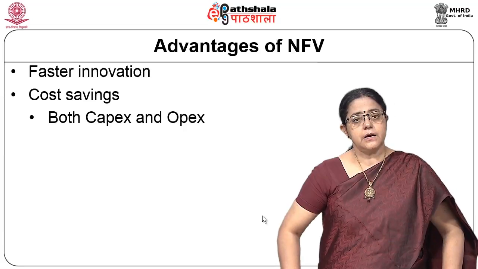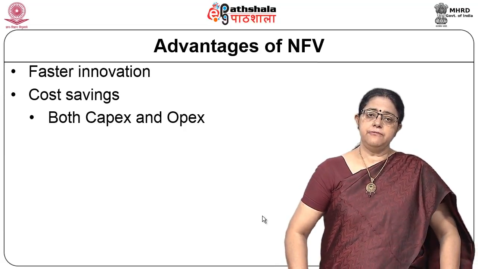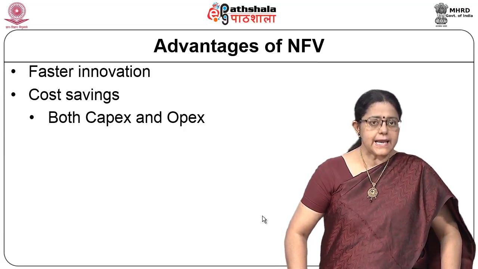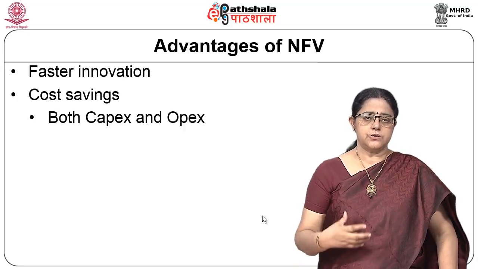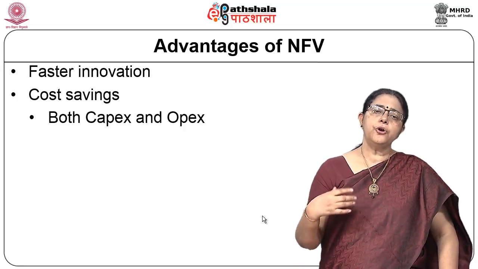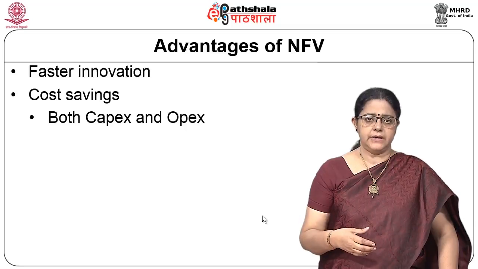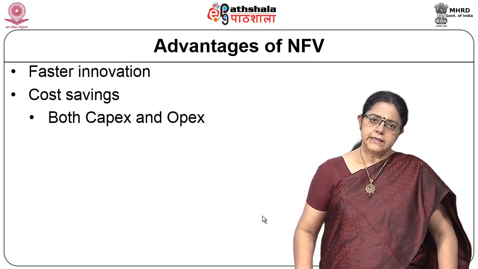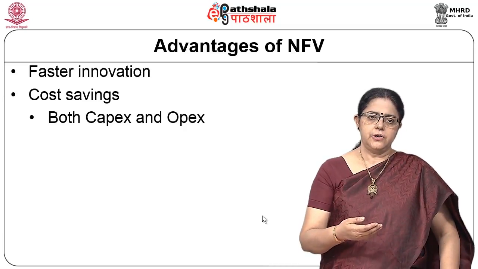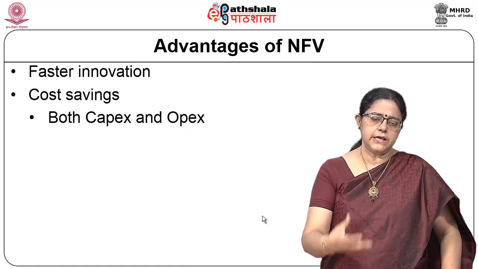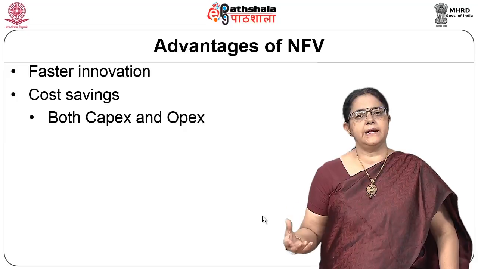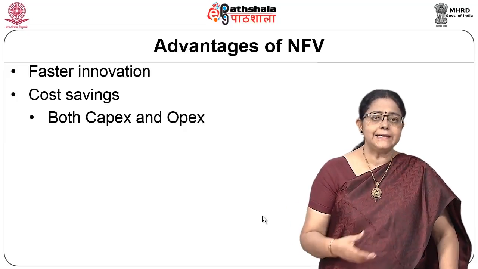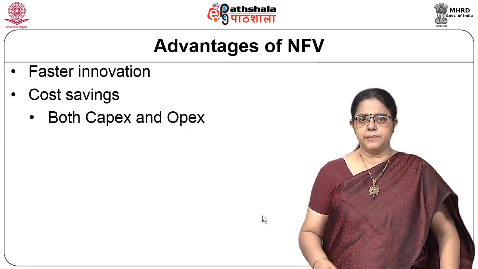Both the capital expenditure, if we can use the same network switches or network equipments for more traffic by manipulating it through software, obviously the capital expense for implementing such costly equipments and the operating expenses of maintaining such costly equipments, both will be less.